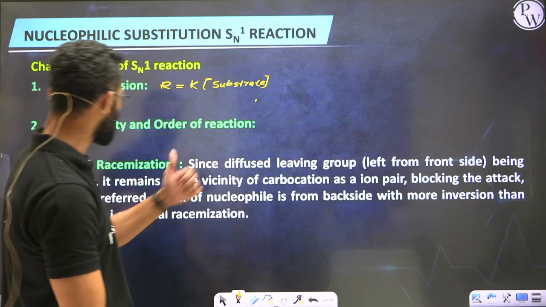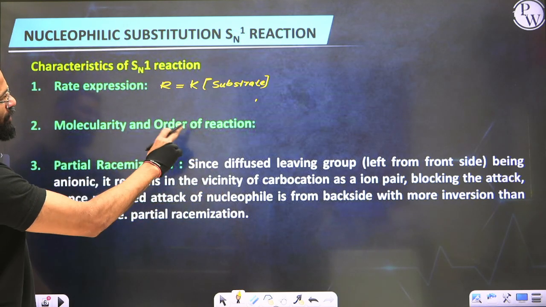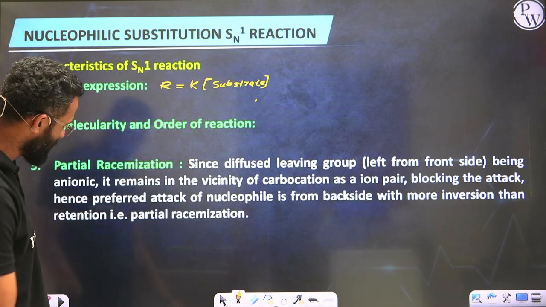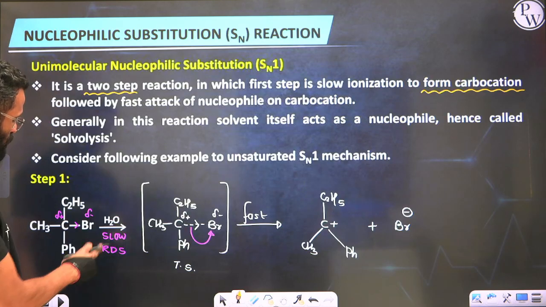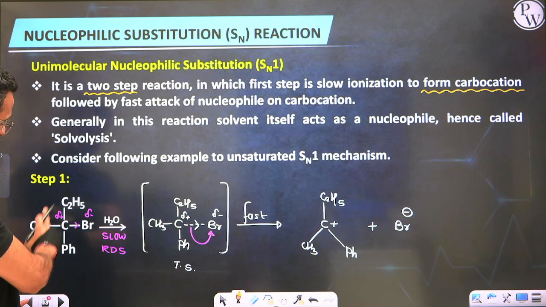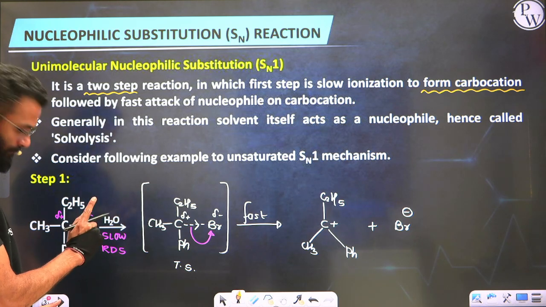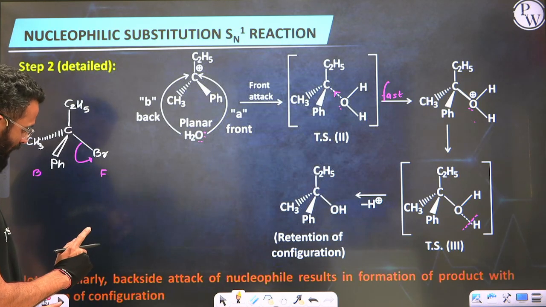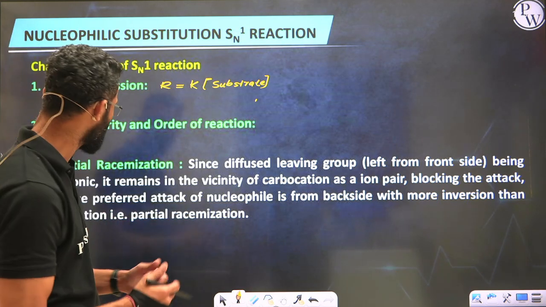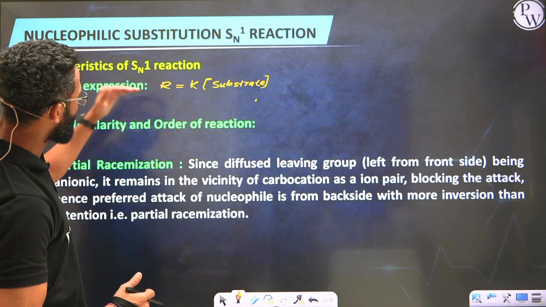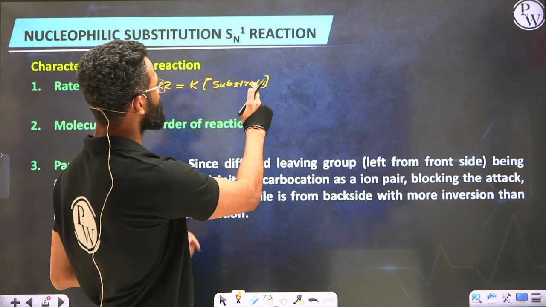Alright everyone. Second important characteristic is about molecularity and order of reaction. Well, the rate expression was showing us that in the RDS only one molecule is involved, that is the substrate, and hence we will say the molecularity of the reaction is 1. So we just look for how many molecules are participating in the RDS, that tells us about the molecularity. So molecularity is 1, and the rate expression tells you rate is equal to K into molar concentration of substrate.